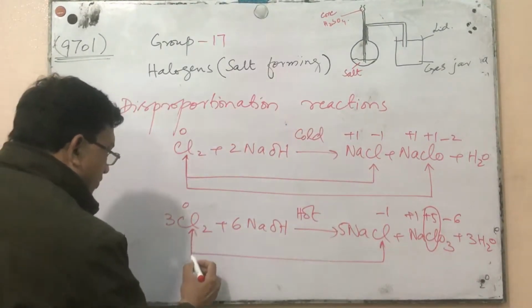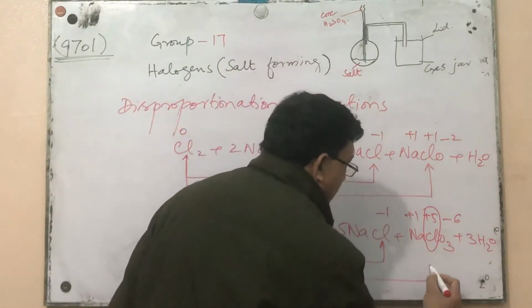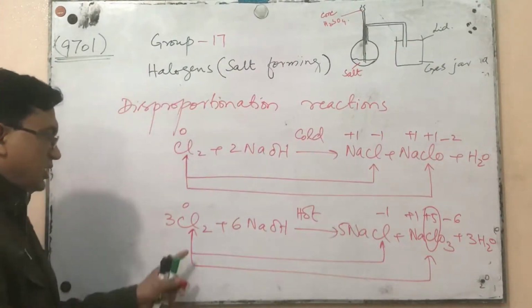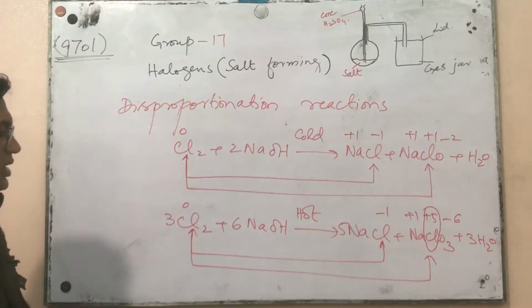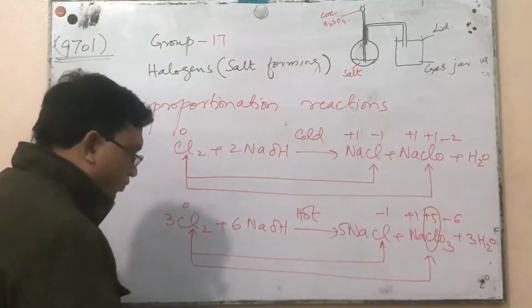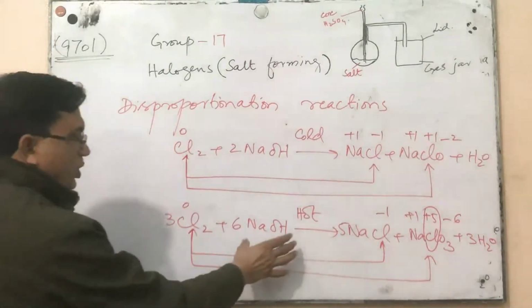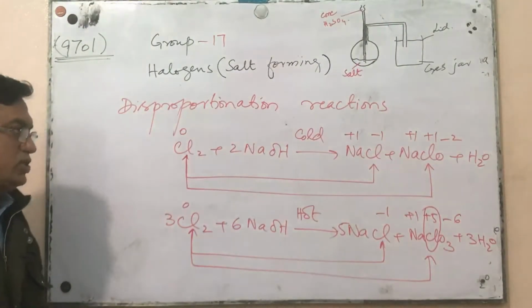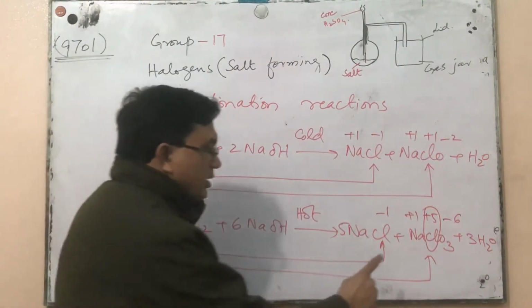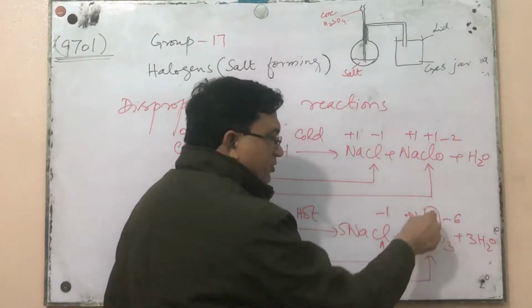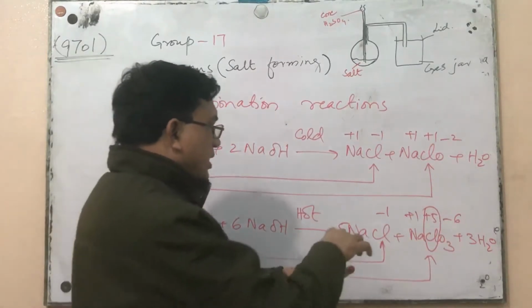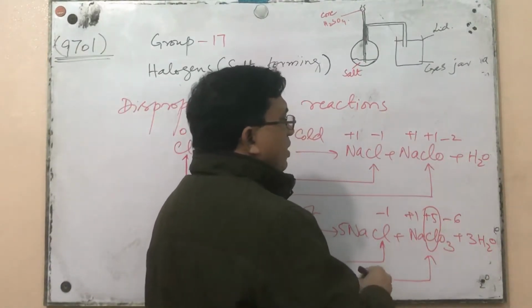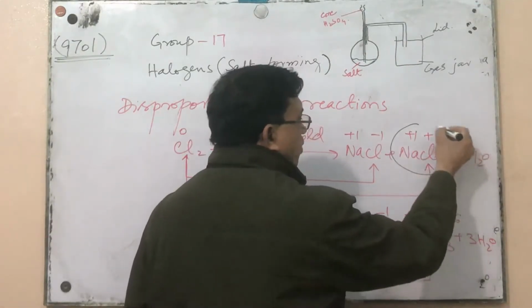It means that from 0 to +5 it is oxidized. The same element is oxidized in case of hot condition if we pass chlorine gas through a hot sodium hydroxide solution. Here sodium chlorate(V) is formed, but in the cold case sodium chlorate(I) is formed.